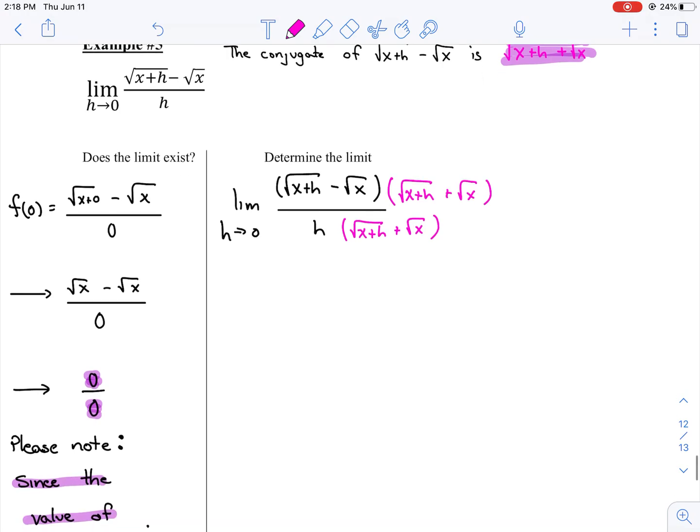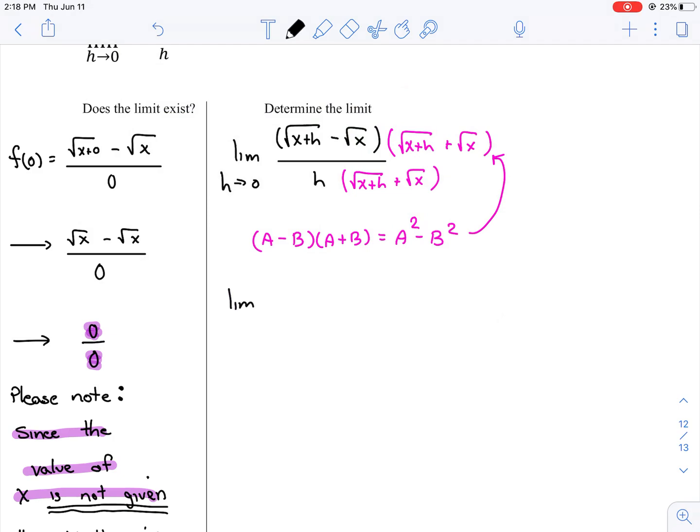And then I'm going to apply the property a minus b times a plus b is equal to a squared minus b squared. I'm going to apply this property to the numerator.